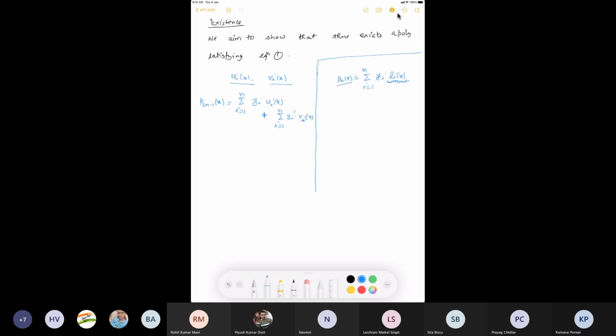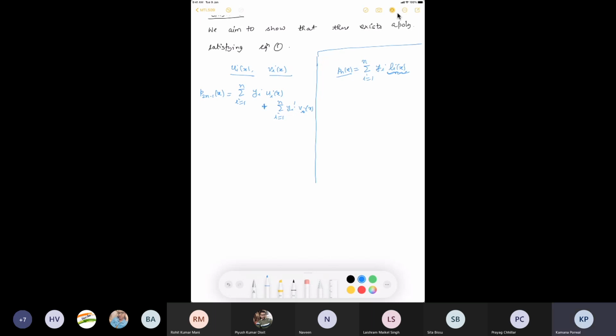What properties should we seek for the ui(x) and the vi(x) here?